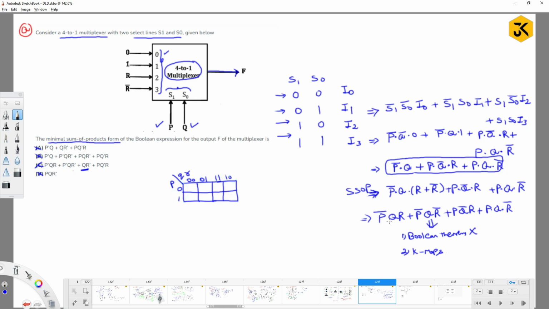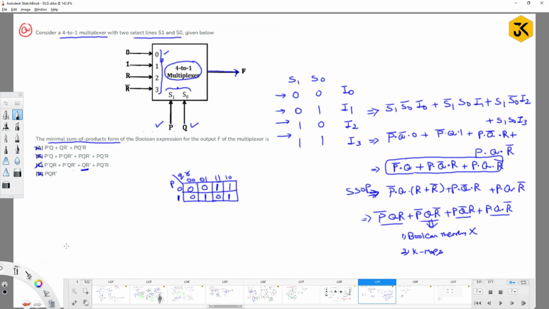So first minterm 011 is this one, and second minterm 010, and third minterm 101, and fourth minterm 110, so 110 will be like this, right? Now once you have drawn the map with the respective values, you can place all the remaining values as 0.